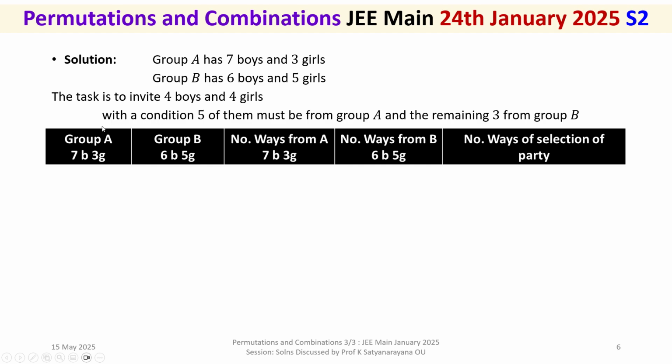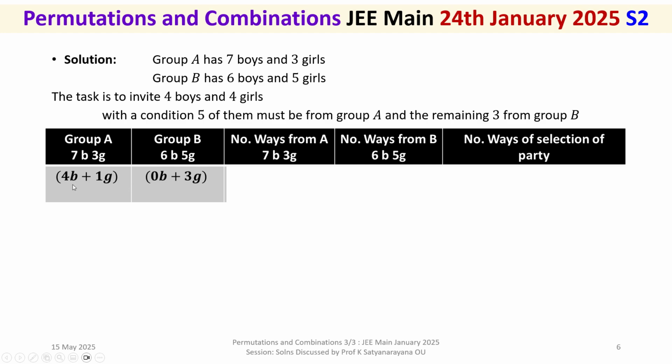Now the first one is 5 of them must be from Group A. So I will choose 4 boys plus 1 girl, 5 of them from Group A. And the remaining 3 must be from Group B. We have already chosen 4 boys, so 0 boys plus 3 girls.